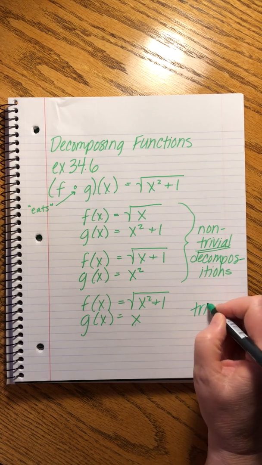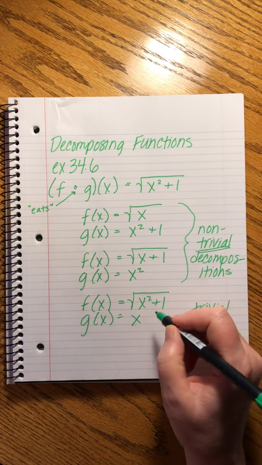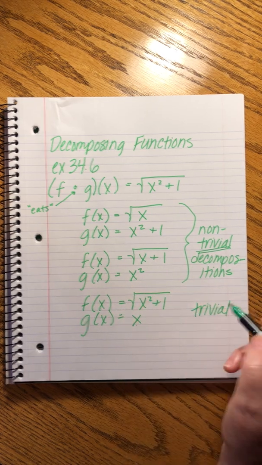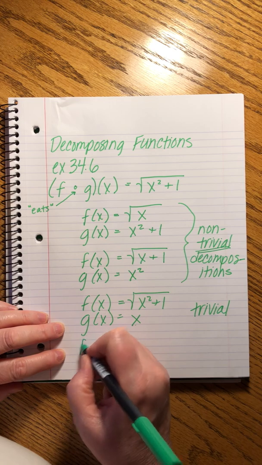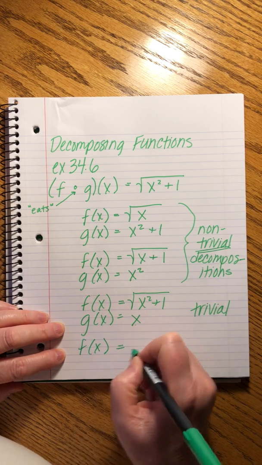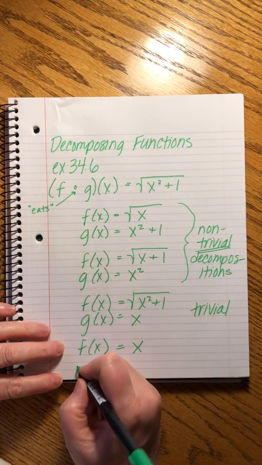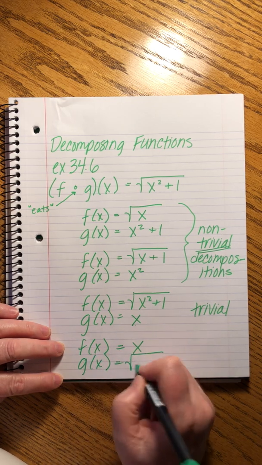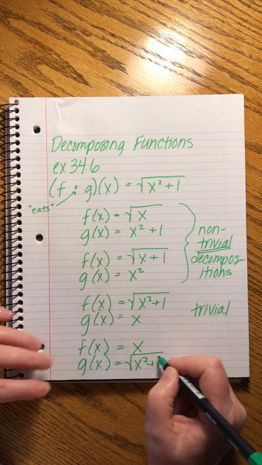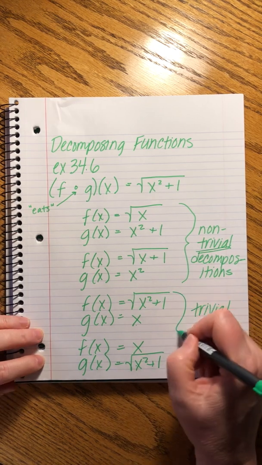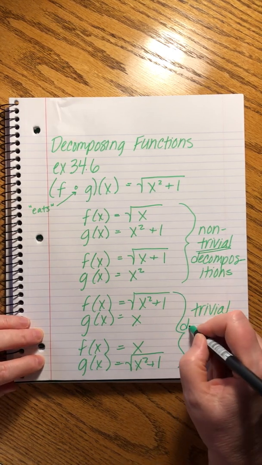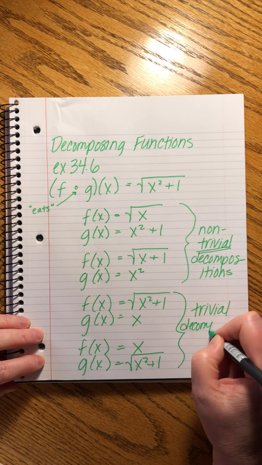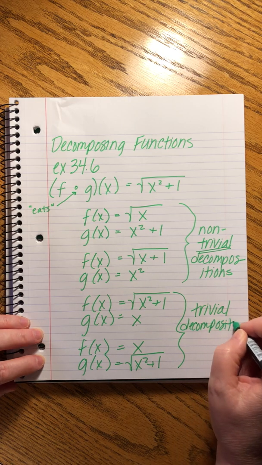This is called a trivial function because it's not very interesting, right? It's just plain. The other trivial function would be if we said f of x equals just plain x, and then the g of x equals square root of x squared plus 1. These are boring because it's like multiplying by 1. That's the best way I can say it.